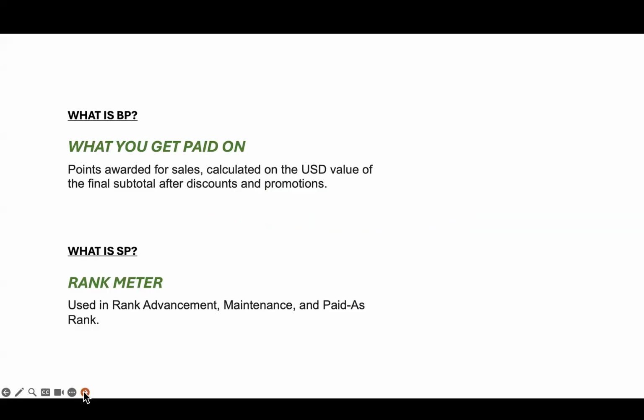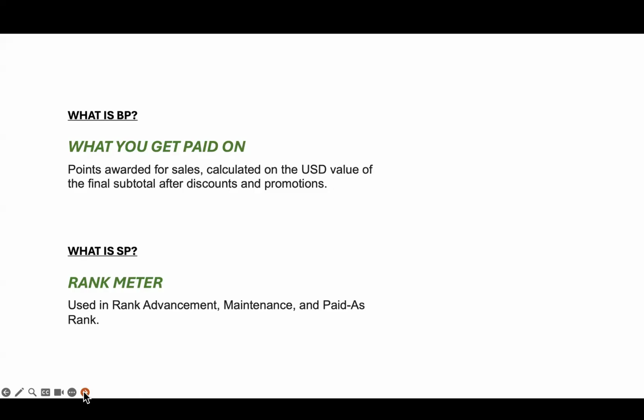As you build this business, you go through the catalog or you're signing people up, you're going to notice the price of what it costs to buy, and then you're going to see two little numbers in separate categories as BP and SP. BP is pretty much what you get paid on. Think of it as our Riman currency for planners to get paid.